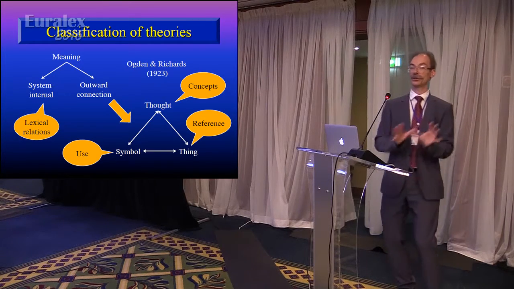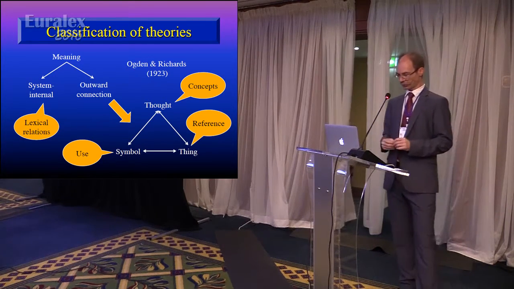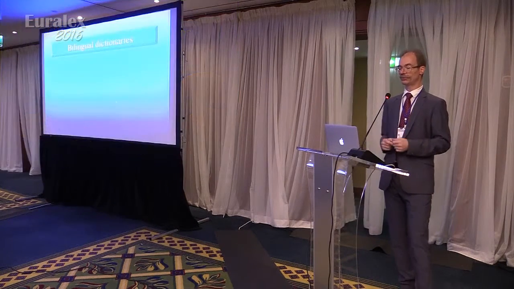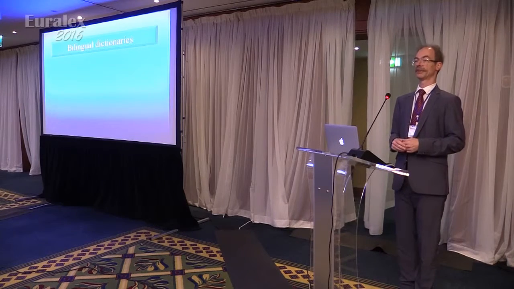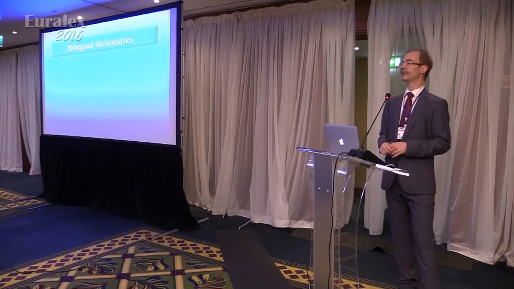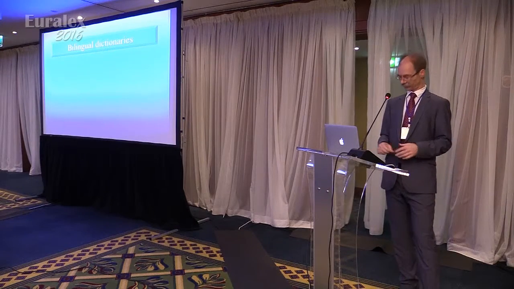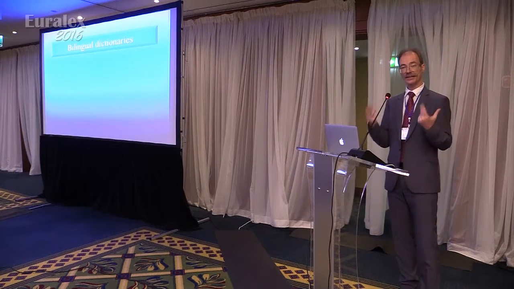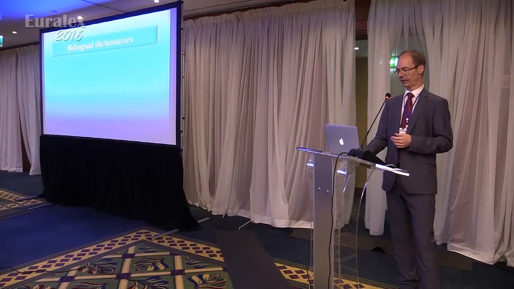Okay, let's close this chapter on theories of word meaning and move to bilingual dictionaries. This section will be much shorter, but a couple of things I would like to make clear about what I think about bilingual dictionaries.